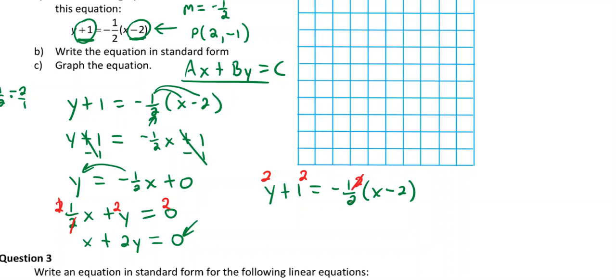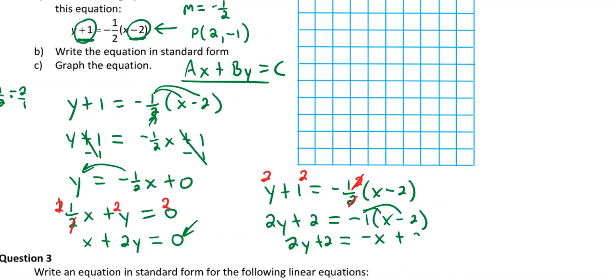So those would cancel, and we'd end up with 2y plus 2 is equal to negative 1, if you like, x minus 2. And then that negative would have distributed in there. So we've got 2y plus 2 is equal to negative x plus 2.